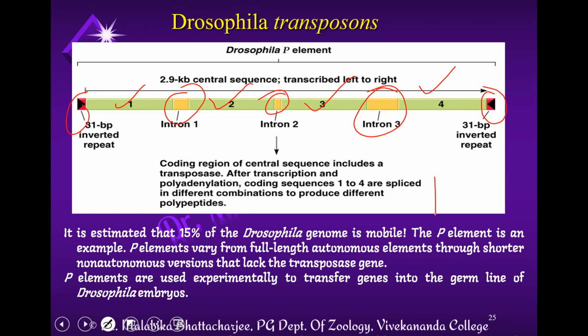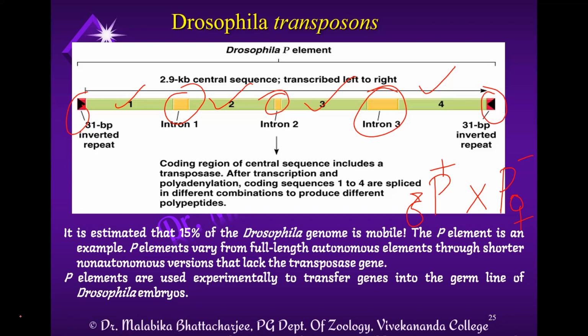So if a P plus fly is mated with a P minus fly, P minus being a female and P plus being a male, it is often seen that the progenies that develop have a series of defects including mutations, chromosomal aberrations, distorted segmentation and meiosis, and reduced fertility. So this was about the Drosophila P element.